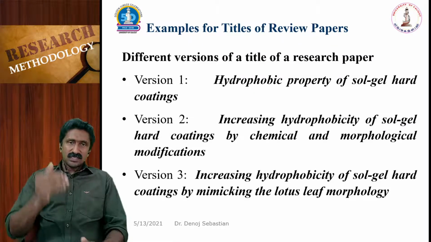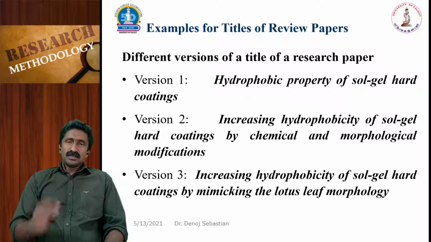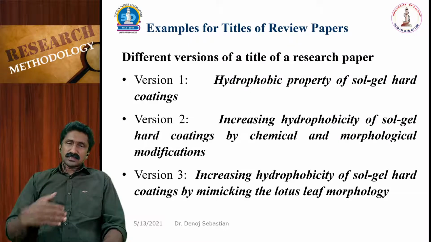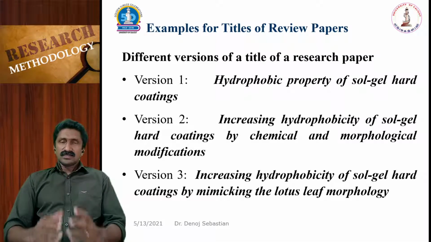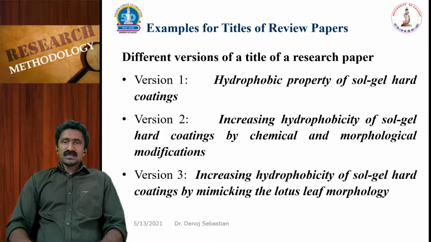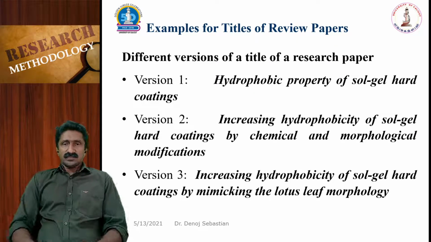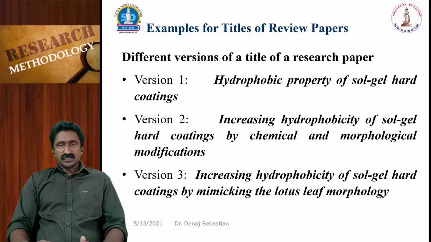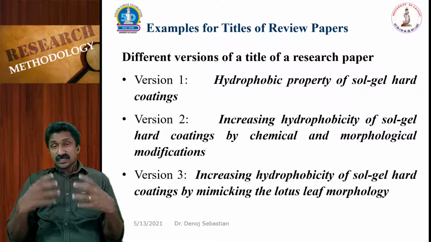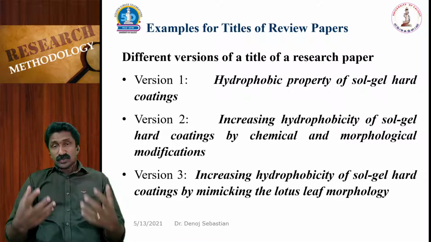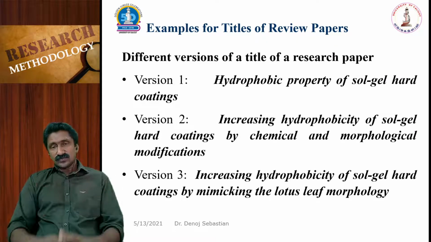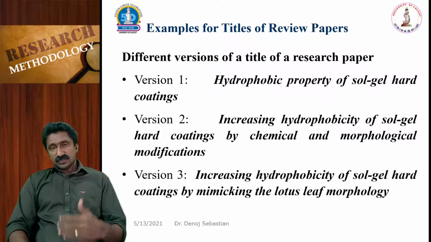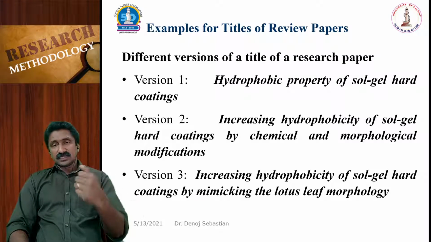So if you are writing a paper, you can write alternative titles, three or four titles, or many titles, and analyze whether each describes your work, and whether there is the usage of unnecessary words, unnecessary claims, etc. And for a scientific paper, whether the title is more specific, and whether it incorporates the keywords, so that the researcher who is searching will get this result in the search box.